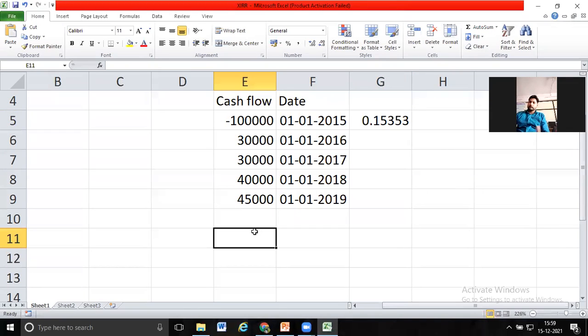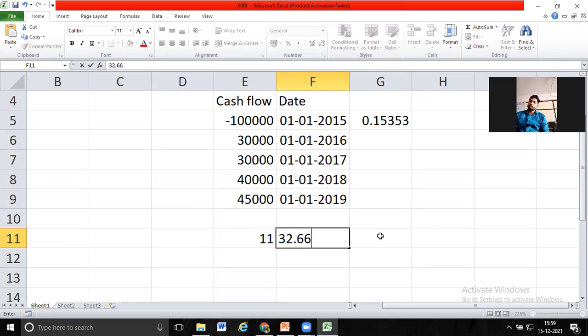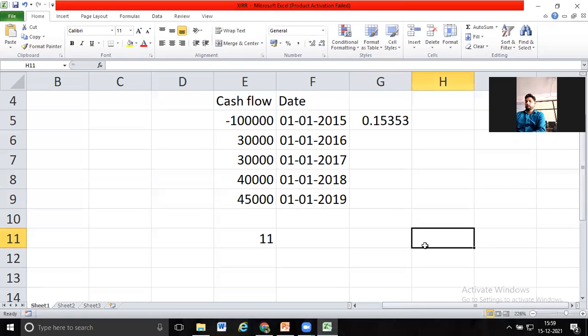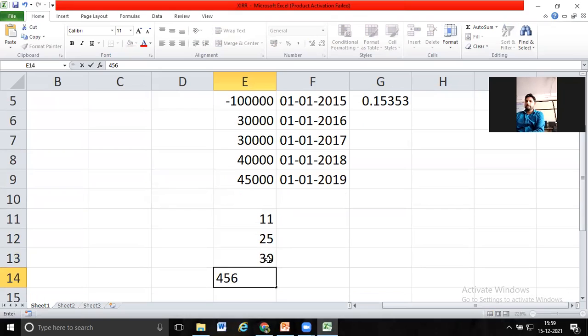So I will showcase one or two examples. Here are some numbers: 11, 32.66, 25, 30, 45.